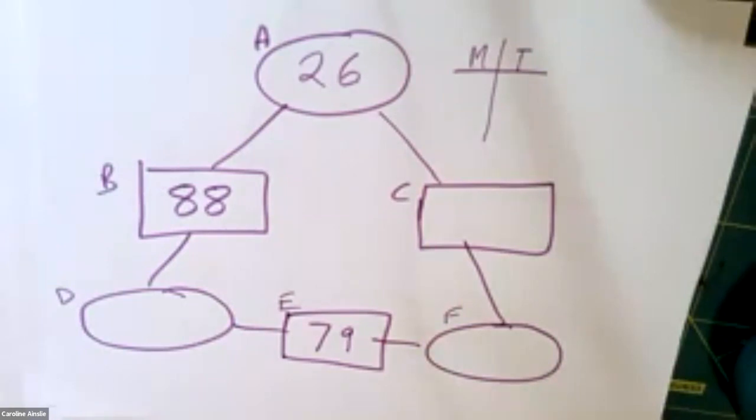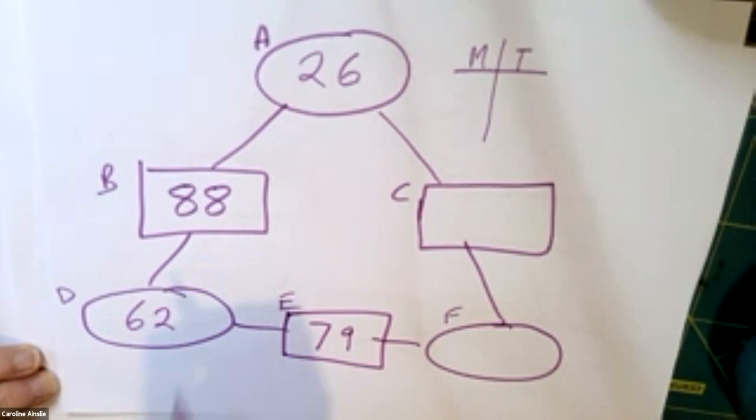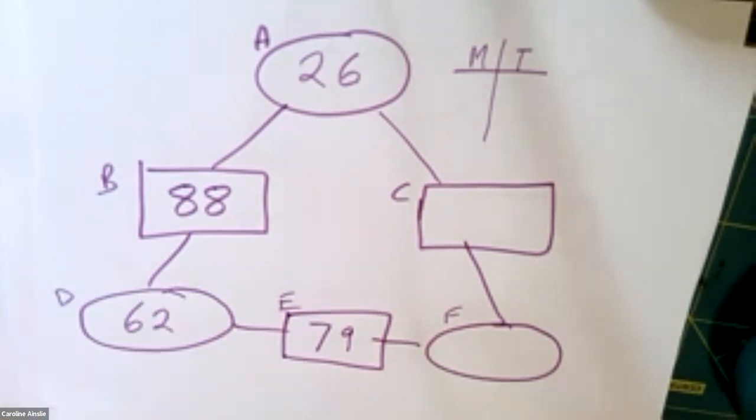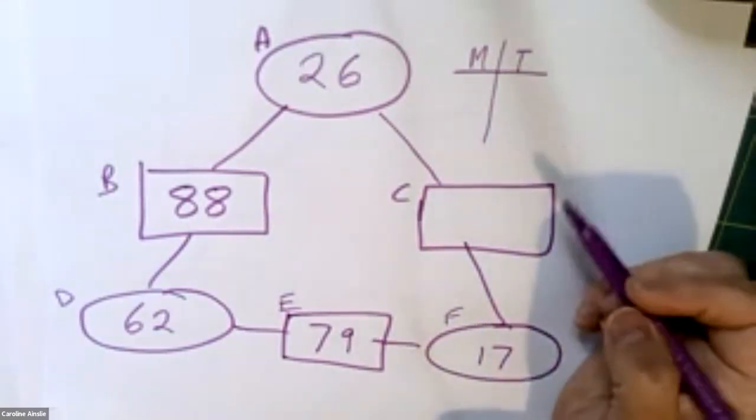I'm going to put 62 in box D, Mary. That was easy. You said you're going to put what? 62 in box D. Okay. If you put 62 in box D, then I'm going to put 17 in box F. That's fine.